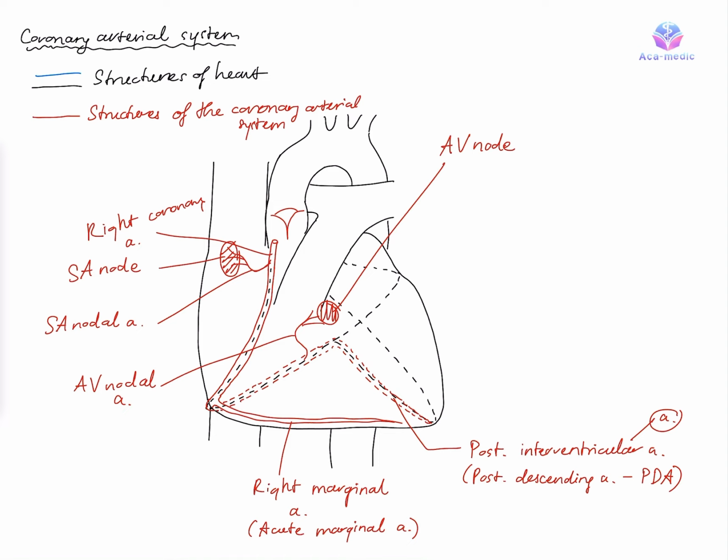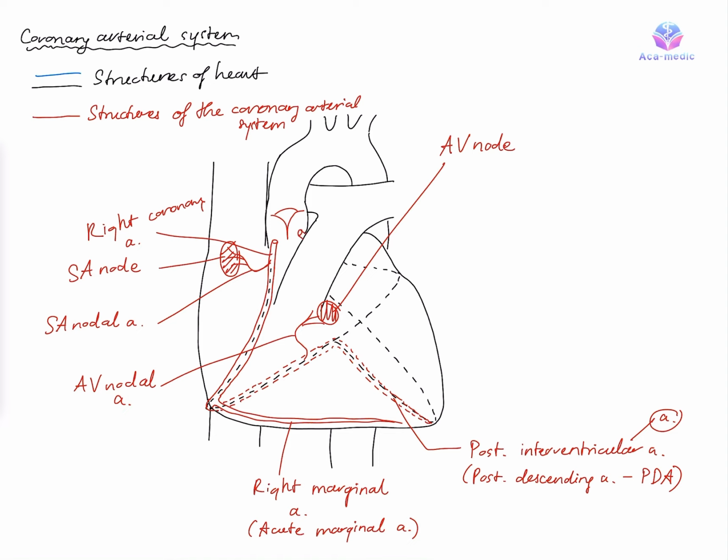So now that is the right coronary artery and its branches. Now let us find out where the left coronary artery goes. Number one, it's going to start right here at the left leaflet of the aortic valve, at the bulb of the aorta.